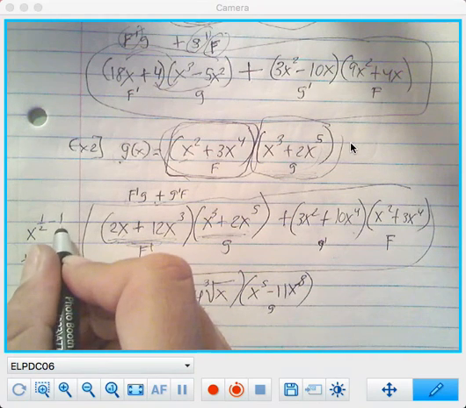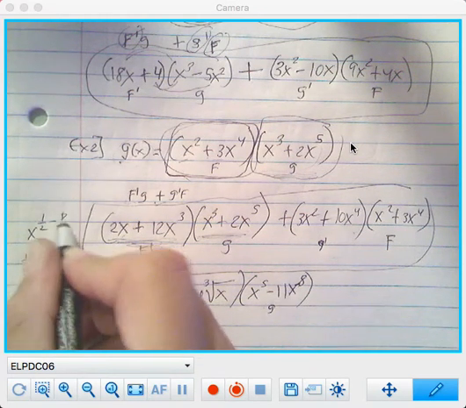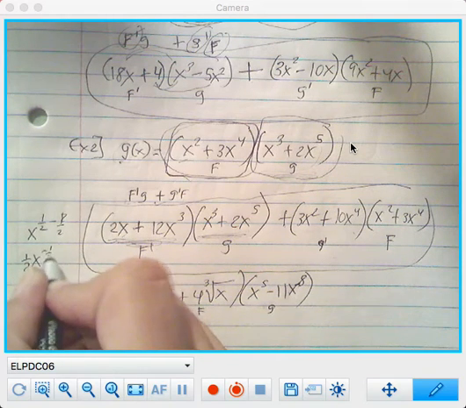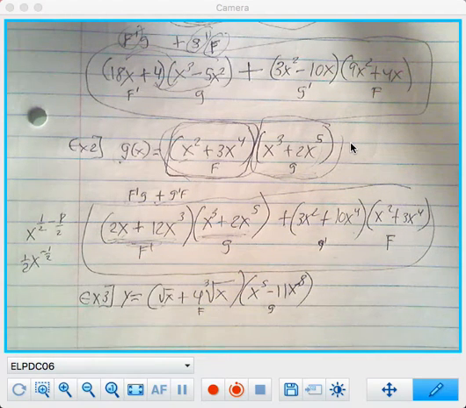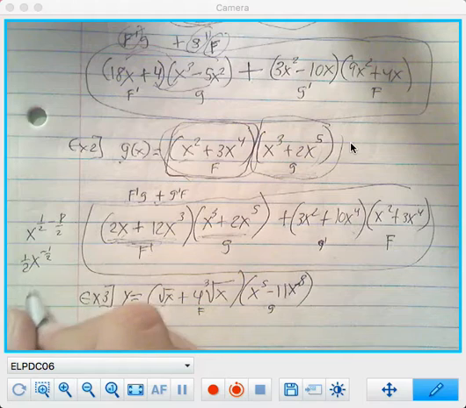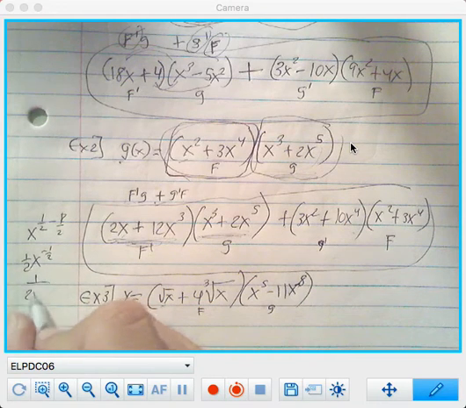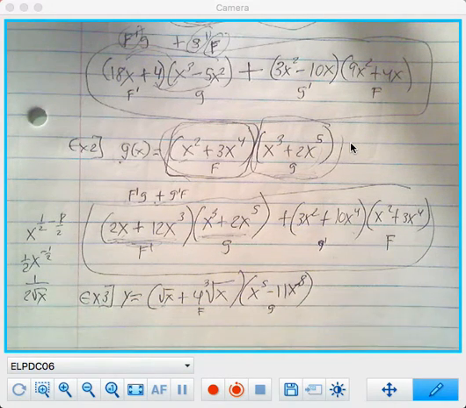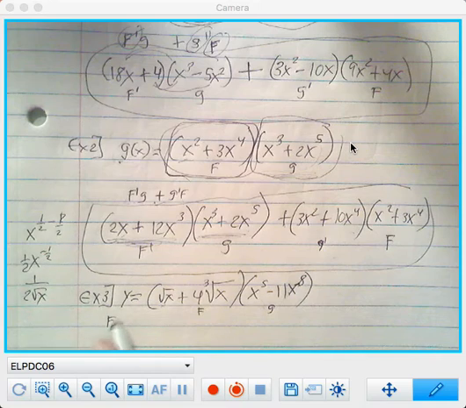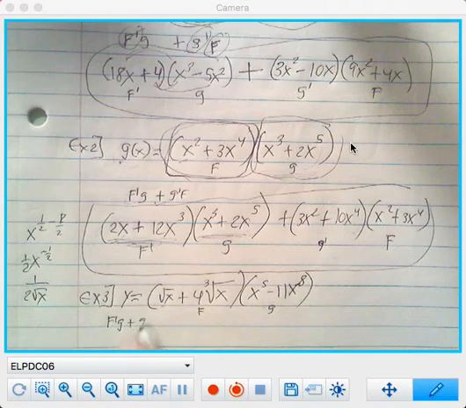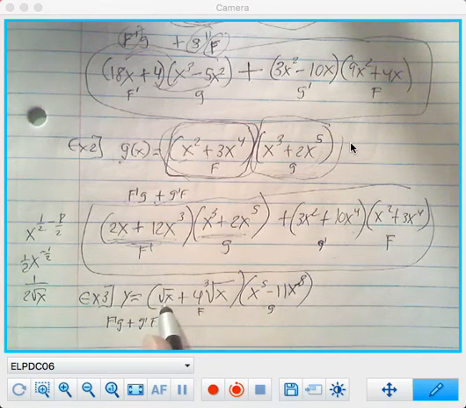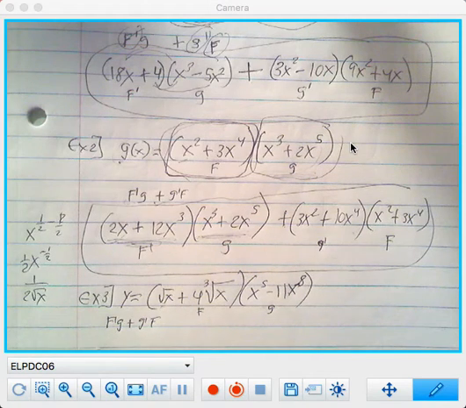So 1/2 minus 1 will be negative 1/2. And when you simplify it, you get 1 over 2 square root of x. Okay, so remember our formula, f prime g plus g prime f. So the derivative of square root of x is 1 over 2 square root of x.